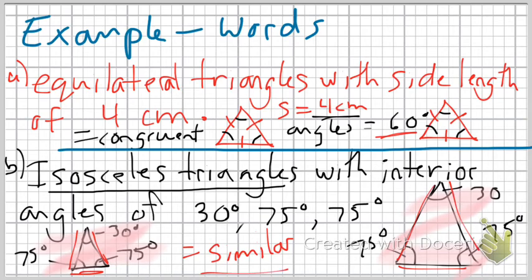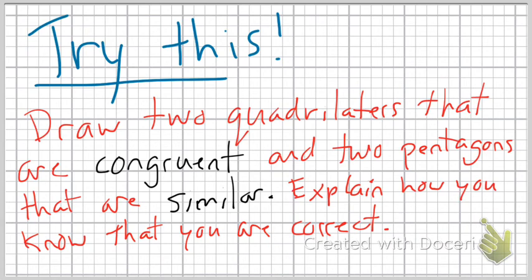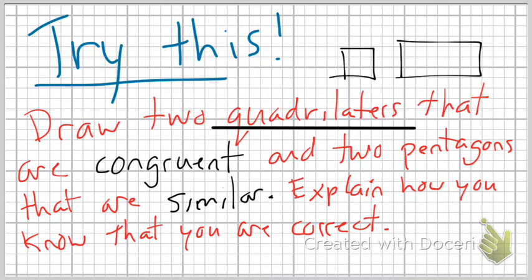They are similar. So for your try this, you are going to draw two quadrilaterals. A quadrilateral is any four-sided 2D shape. So it could be a square, could be a rectangle, could be a diamond. There's a couple others I can't think of right now. Any of these, draw two of them that are congruent.